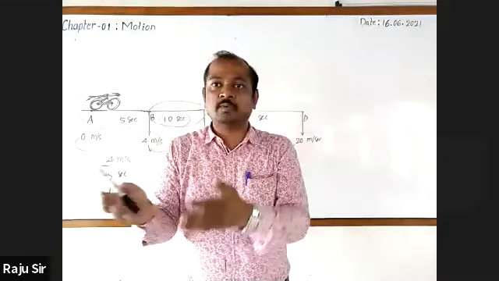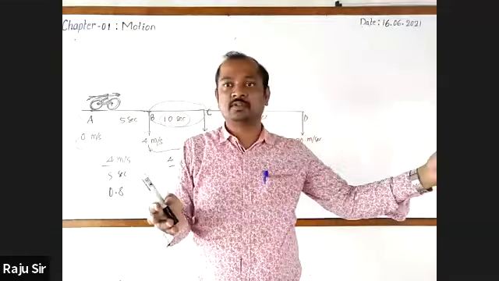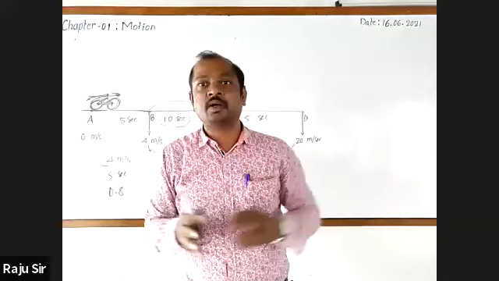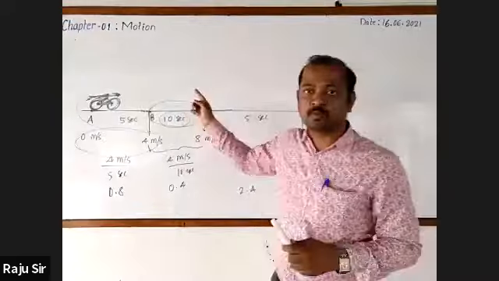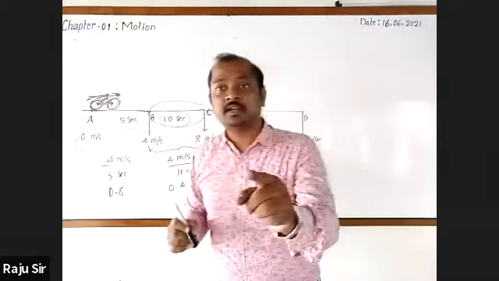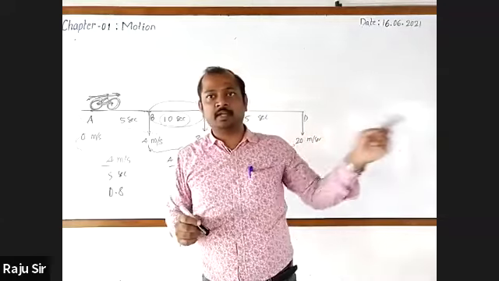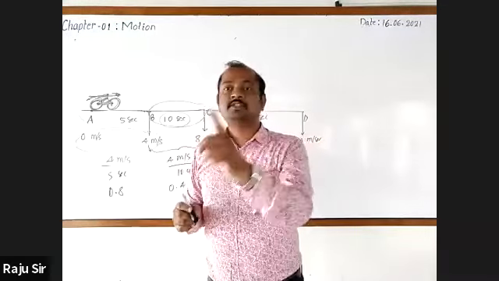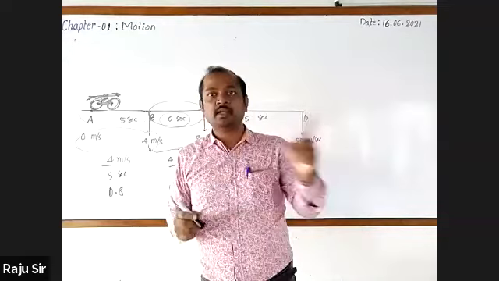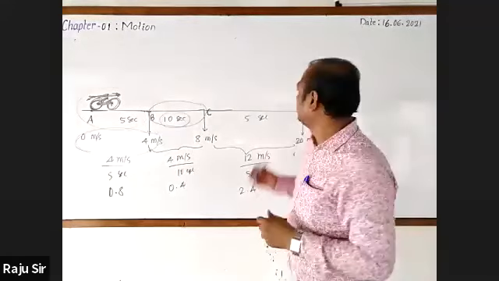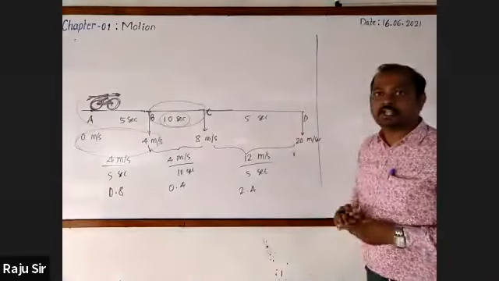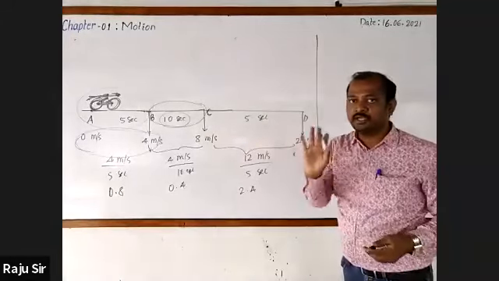Or every 1 hour, or every 1 minute, what speed has been changed? That can be represented by the physical quantity called acceleration. Once again, the change in velocity of a body in unit time is called acceleration. Please don't write anything.